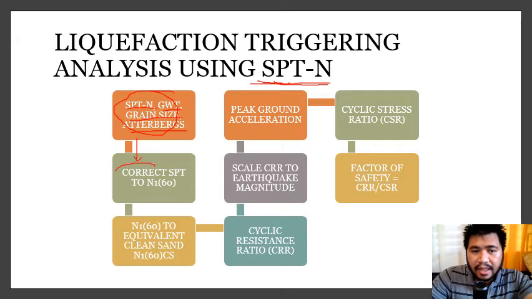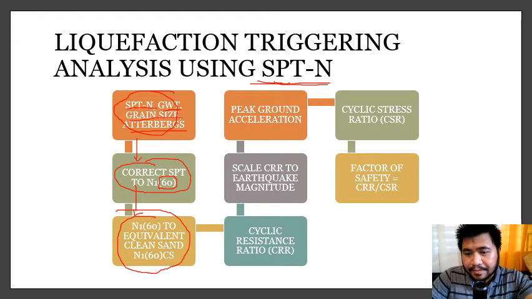From there, you can correct the SPT to what we call the N160, meaning the SPT should be corrected to 1 bar atmospheric pressure at 60% machine efficiency. And then the next step is to convert your N160 into an equivalent clean sand.